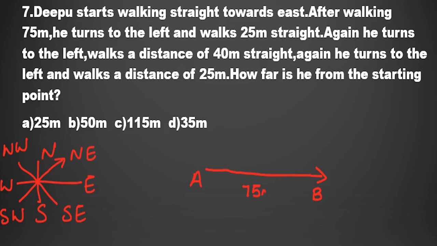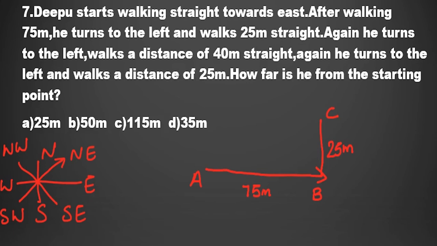He turns to the left. From B, he turns to left and walks 25 meters. Left of B is upwards, and he walks 25 meters straight up to C. Again he turns to the left and walks 40 meters straight.